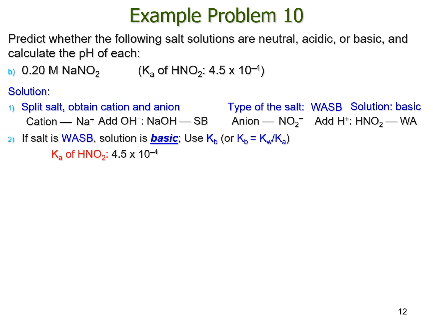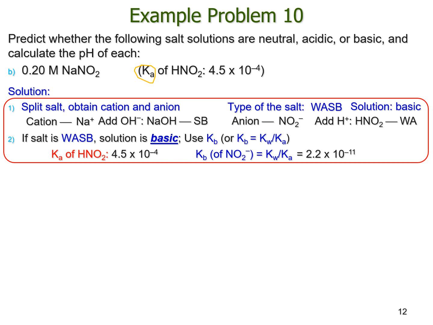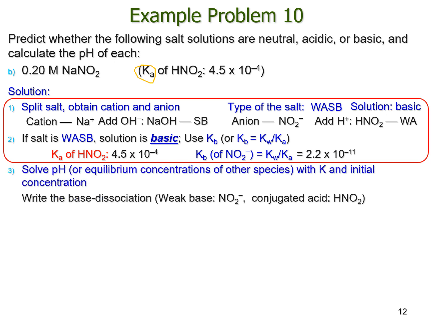We're looking for Kb. But here's the tricky part. The question gives us Ka. So what are we going to do? We divide Kw by this Ka so that we can get Kb: 2.2 times 10 to the negative 11th. Now that we have Kb, we write the reaction.